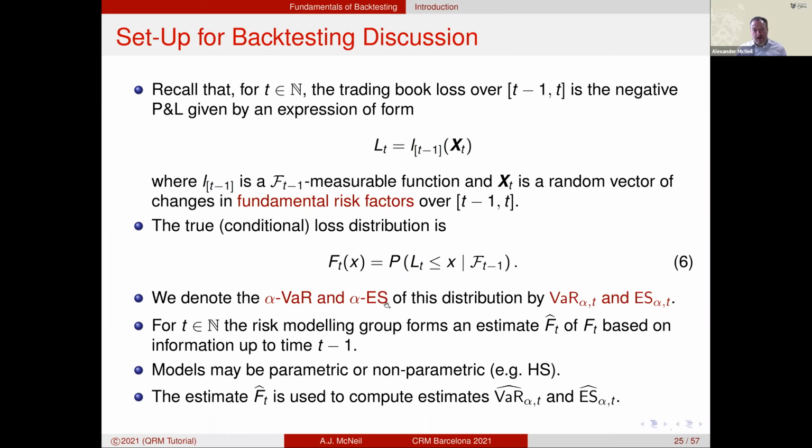I will denote the alpha VaR and the alpha expected shortfall of this distribution by VaR alpha t and ES alpha t. And this is the true distribution. So this is the true conditional loss distribution, which I'm never going to know. In practice, I'm never going to know what this is. In a simulation, I know it. That's the beauty of a simulation and why we're going to look at the quality of the methods in a simulation.